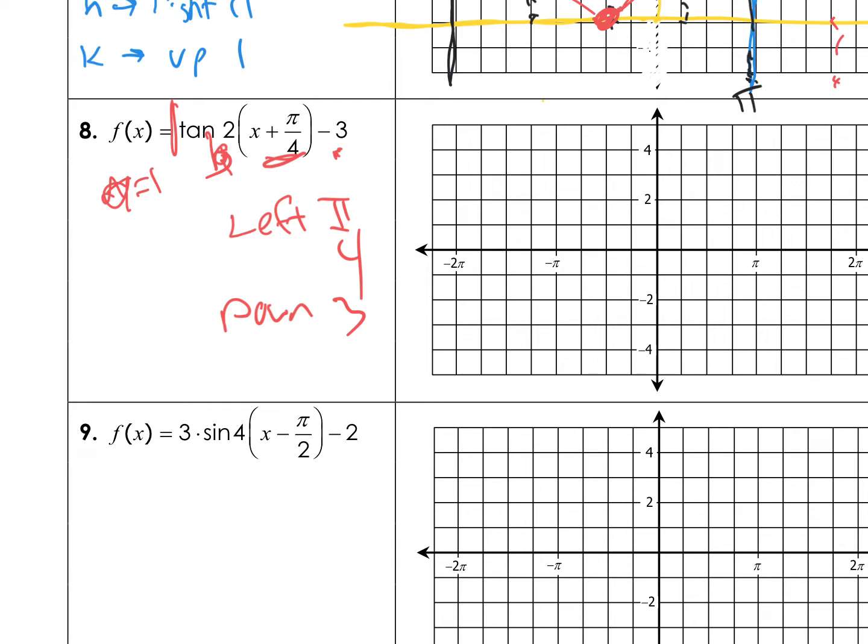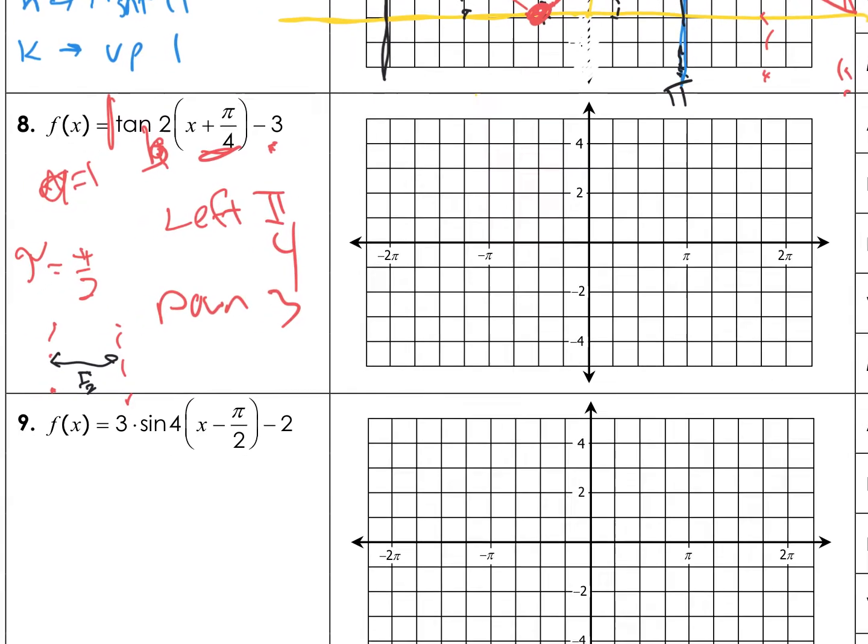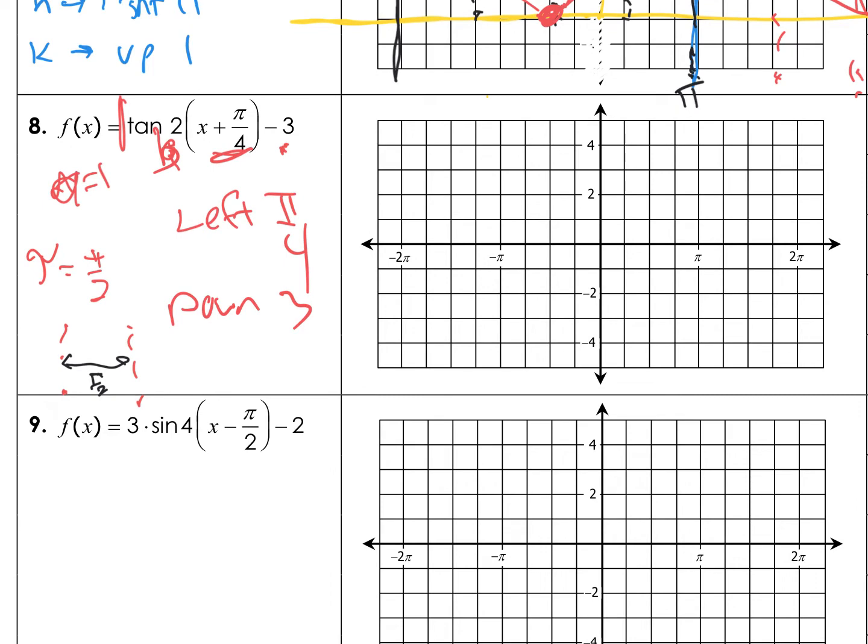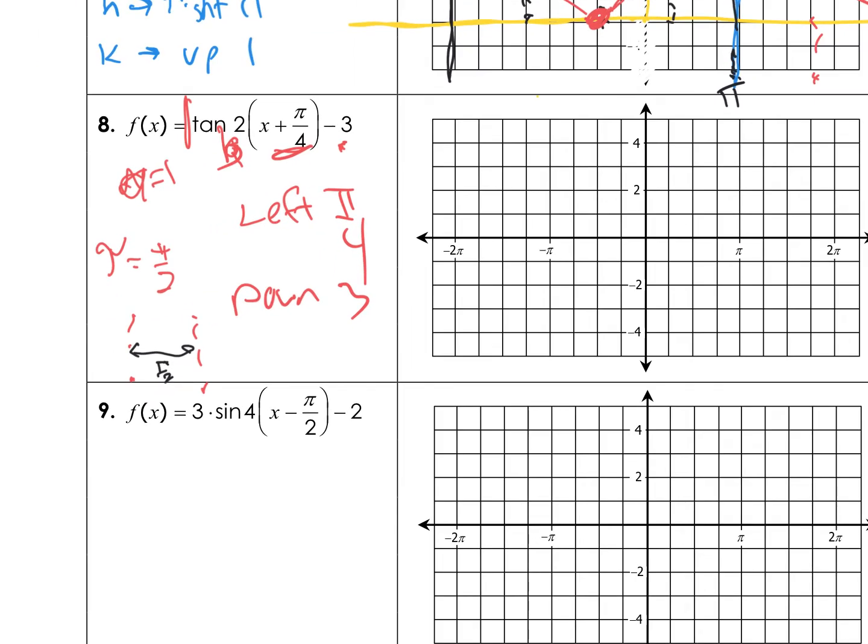So my period, my tau, will be pi divided by 2. That means from asymptote to asymptote, that distance is pi over 2. Not very big, pi over 2. This is really hard to do a tangent on this graph with so much going on here.